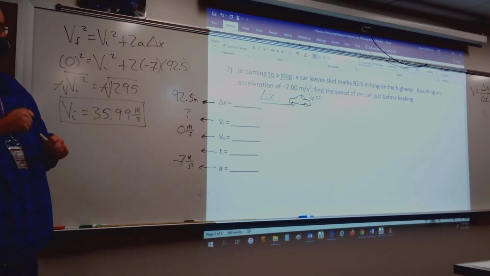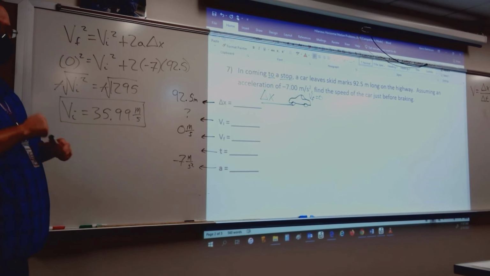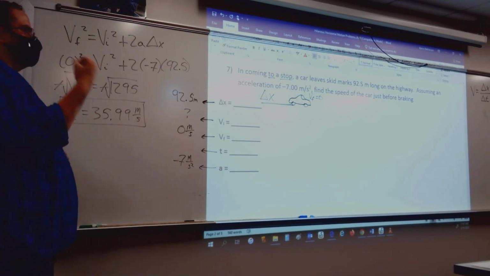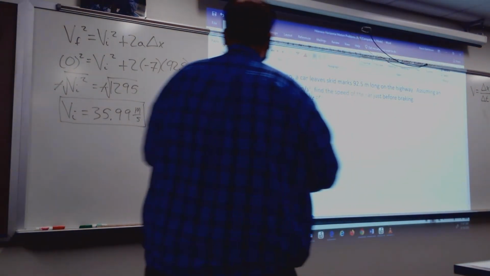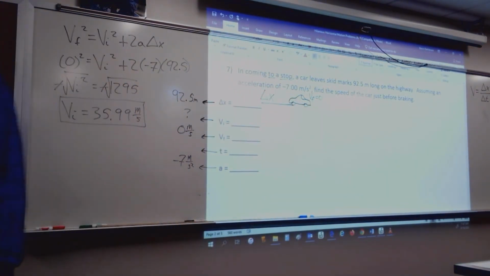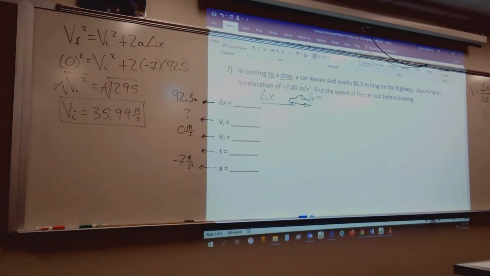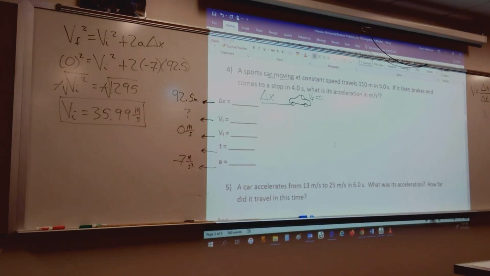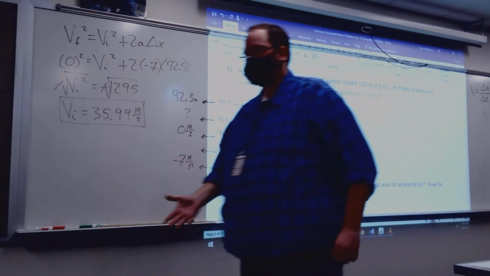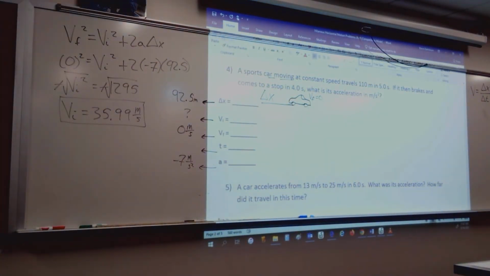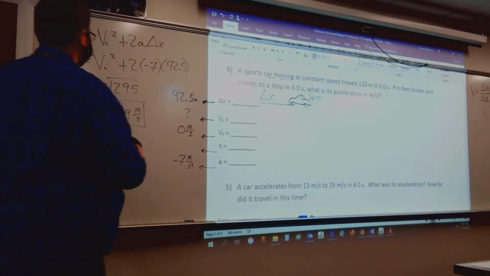Questions about those? The last one we're going to look at is number 4, but just the very beginning, because number 4 is one of the ones you'll have to work on. This is just to show you it's giving you some information in a different way, and it's teaching you, don't be a number hunter. A number hunter disregards the context of the problem, just sees numbers, and assumes that it must be what they think it is.